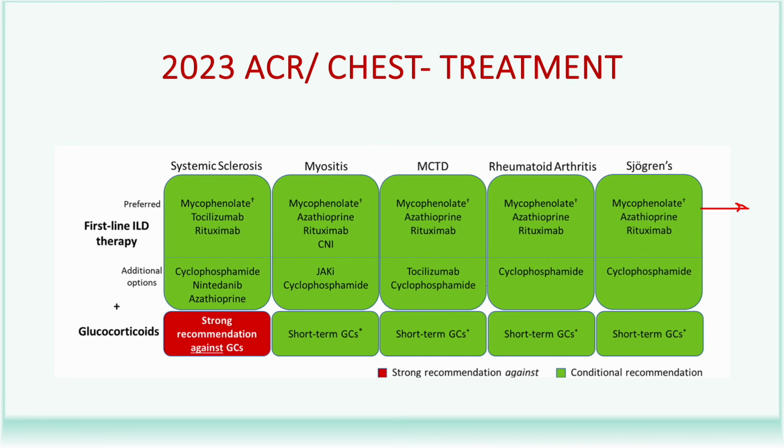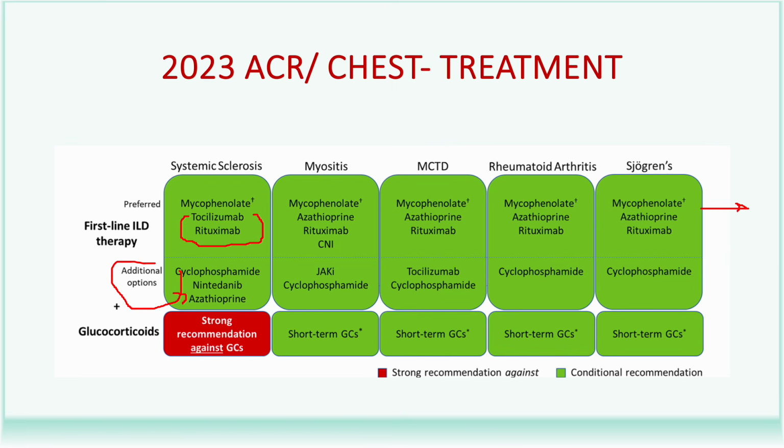Yes, you could add azathioprine and rituximab in most other CTDs, but when we're talking about systemic sclerosis, they mentioned tocilizumab and rituximab as options. They did mention nintedanib, azathioprine, and cyclophosphamide as additional options. And none of these has any mention of nintedanib or antifibrotics at all.